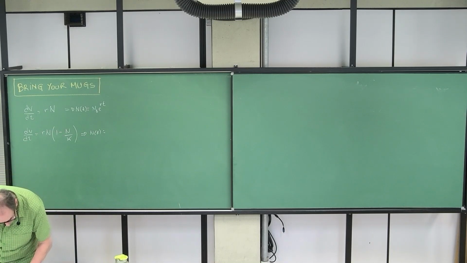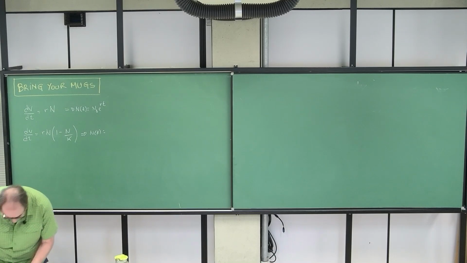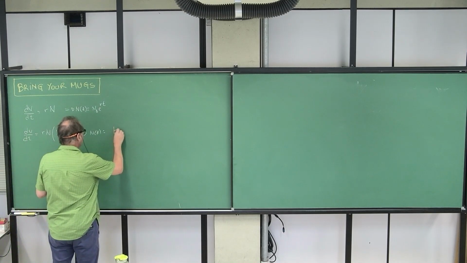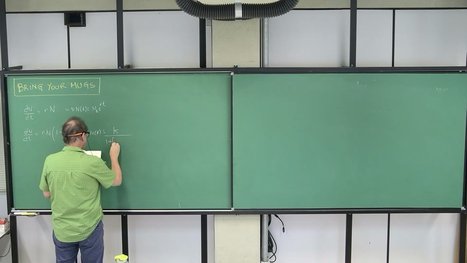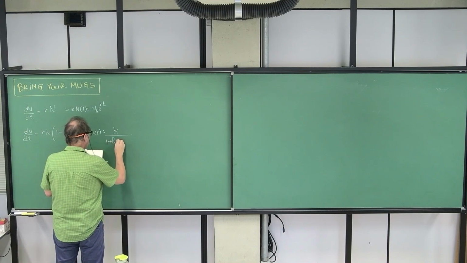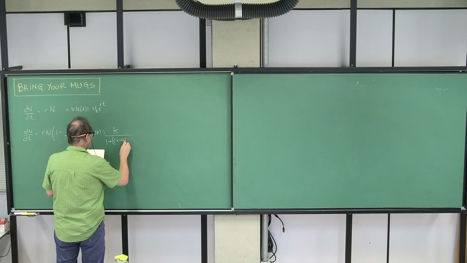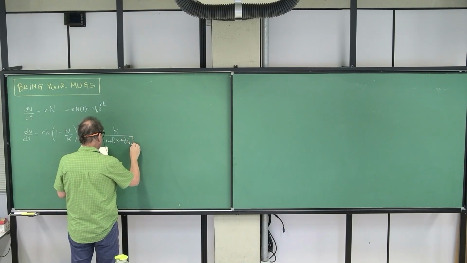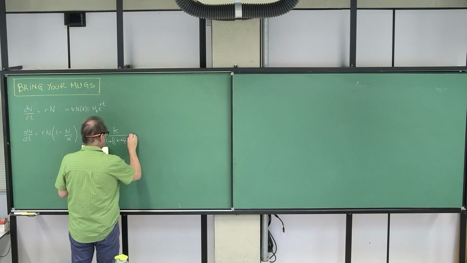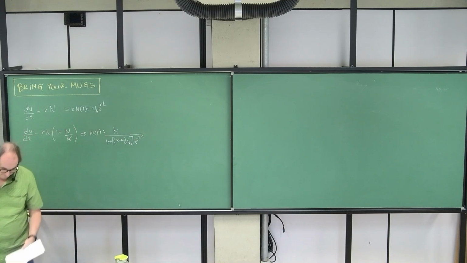Can't remember. Where's the logistic? It's K over 1 plus (K minus N0) divided by N0, e to the minus rt. Okay?